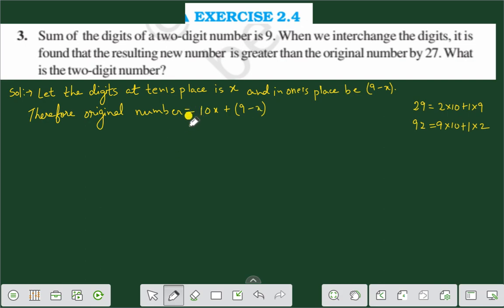It can be written as 10x plus 9 minus x, or 10x minus x is 9x. Therefore it is 9x plus 9.